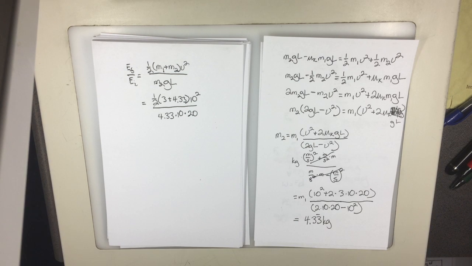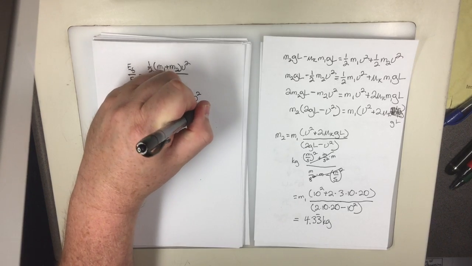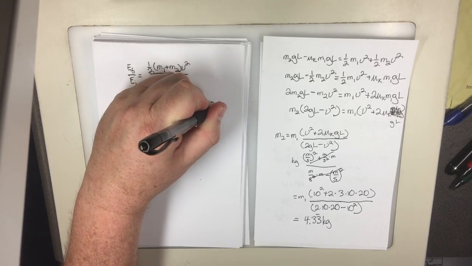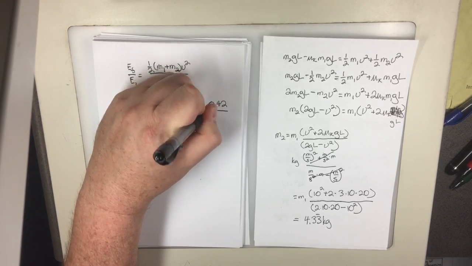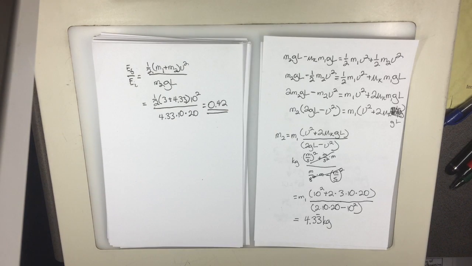Divided by 2 times 50, divided by 4.333333 times 200, and I get a number that is 0.42, and that's it. Not very nice, but that's fine.